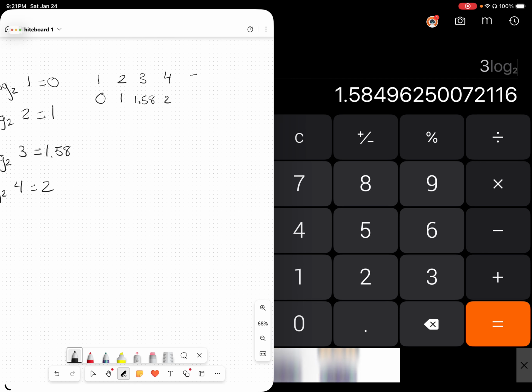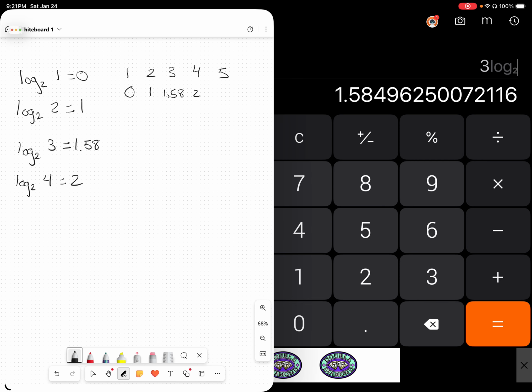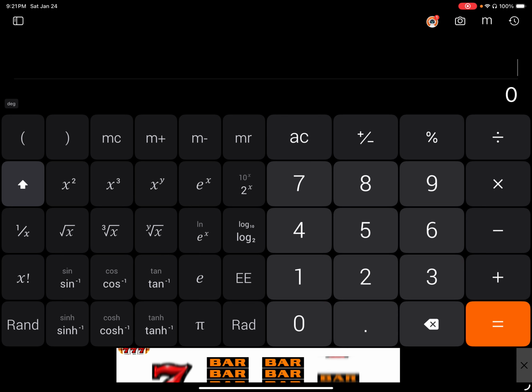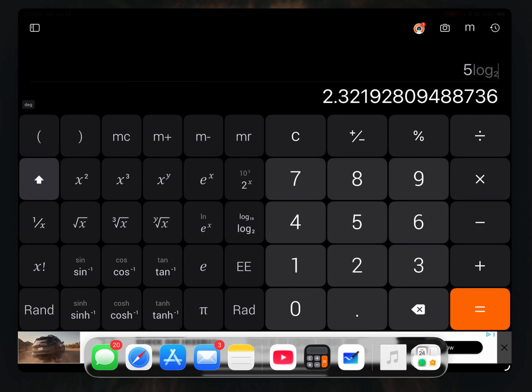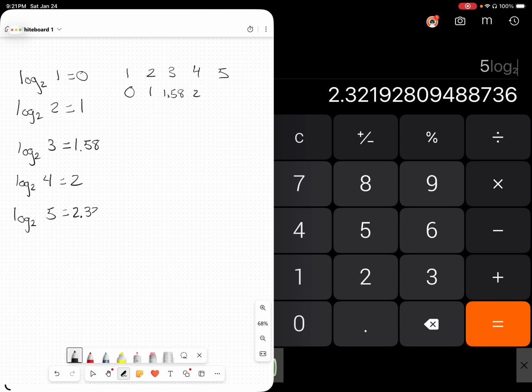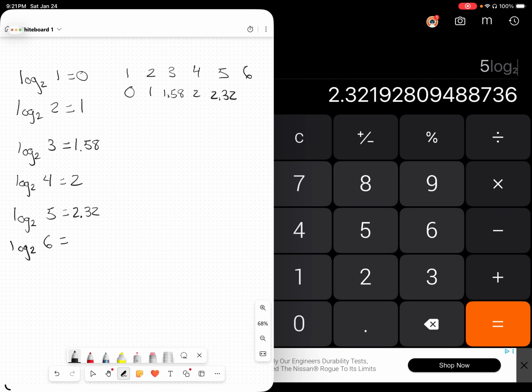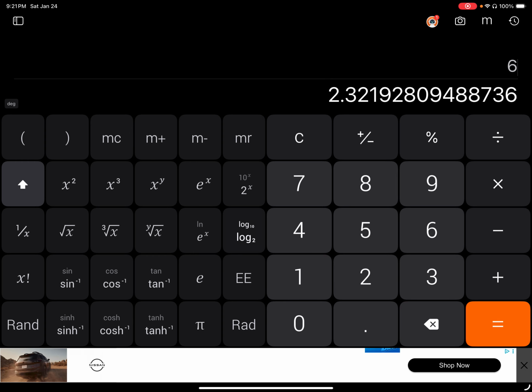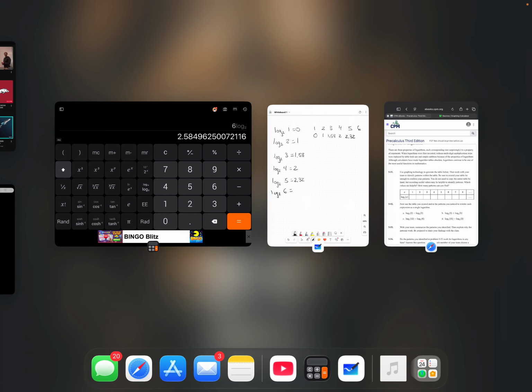Log base 2 of 5 is 2.32. Log base 2 of 6 is 2.58.